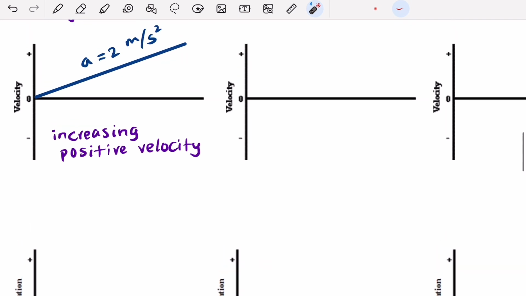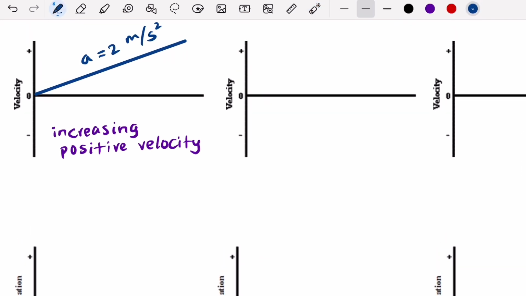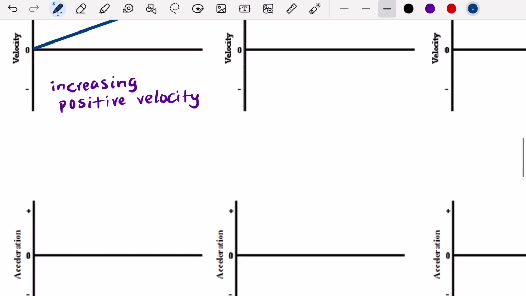So to draw the corresponding acceleration time graph, I just have to find where acceleration is 2. So let's say there. And there we have it. And we know this line is 2 meters per second squared. That is the acceleration.